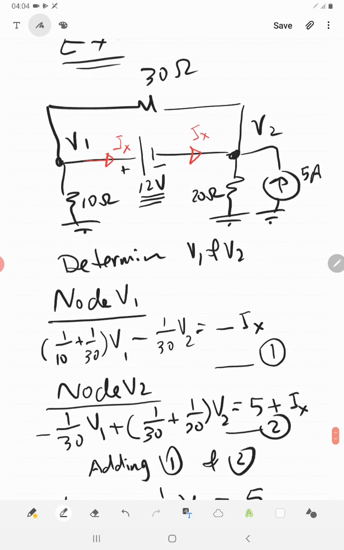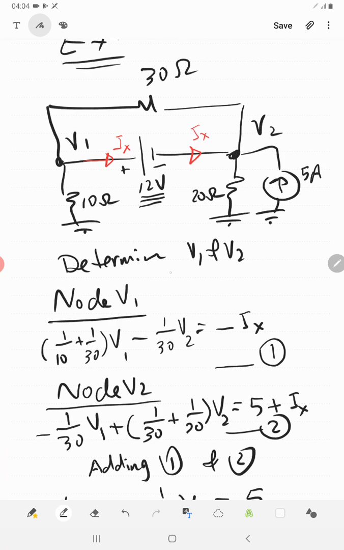So when we have a voltage source in the circuit which we want to analyze using nodal analysis, we assume a current Ix flowing either in or out of the voltage supply. So determine V1 and V2.